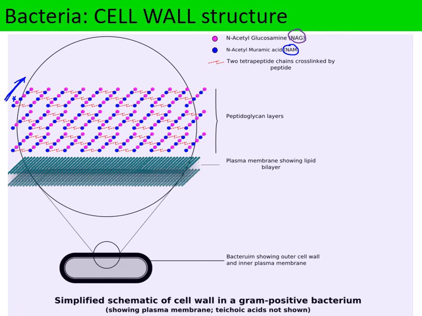Now if we looked at chitin, the modified beta-glucose that you find in chitin is actually NAG, so this N-acetylglucosamine. So in the straight polysaccharide chains in chitin, you get thousands of repeating NAG subunits, whereas in peptidoglycan, you get alternating NAG and NAM.